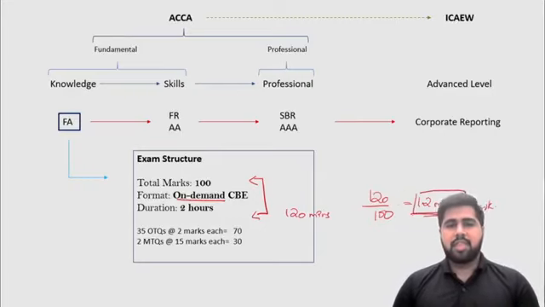The structure itself is you'll have 35 OTQs. OTQs are objective test questions, 2 marks each, which will constitute 70 marks. And then you have 2 MTQs, multi-task questions, 15 marks each. That means the paper total turns out to be 100 marks.